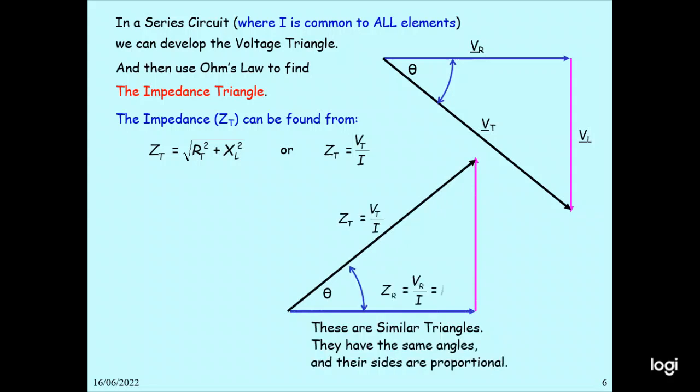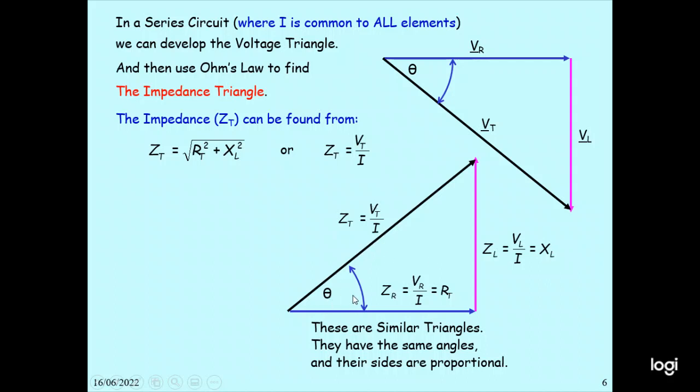So Z is VT by I. So Z equal to VT by I. We calculate that. R equals VR by I, and XL equals VL by I. Z is VT by I. So this angle is the phase angle.